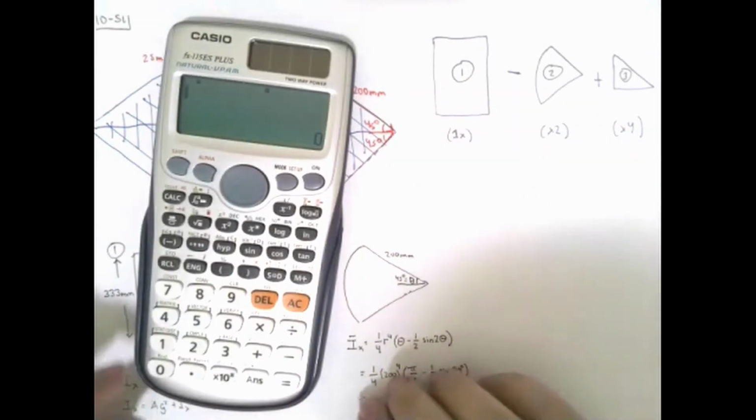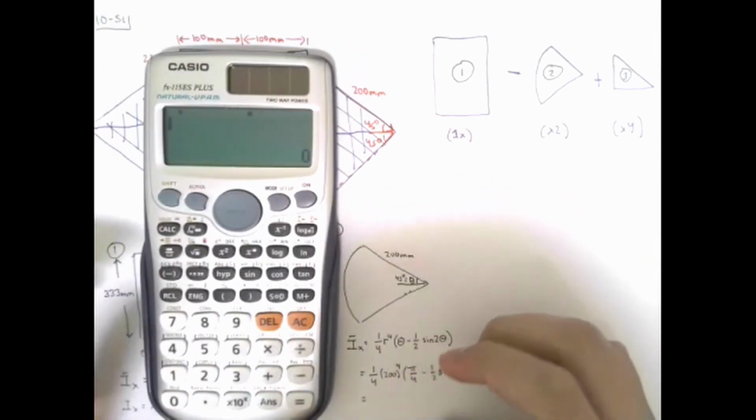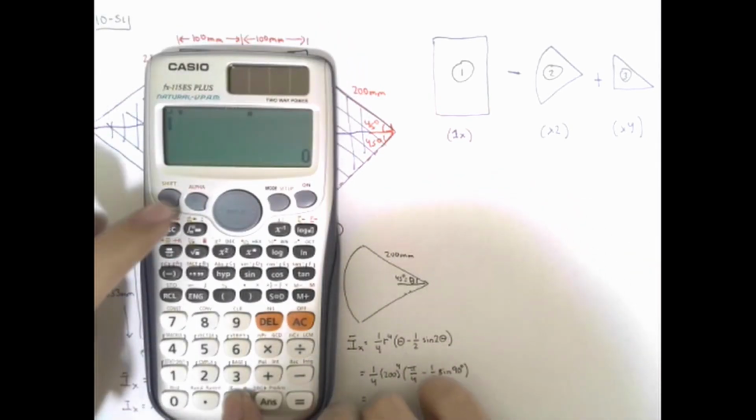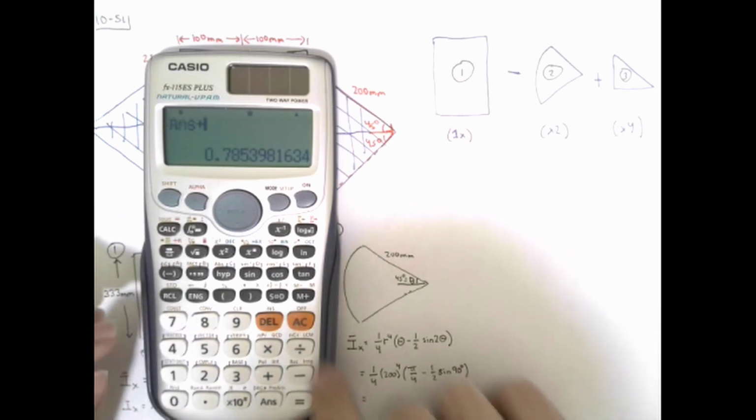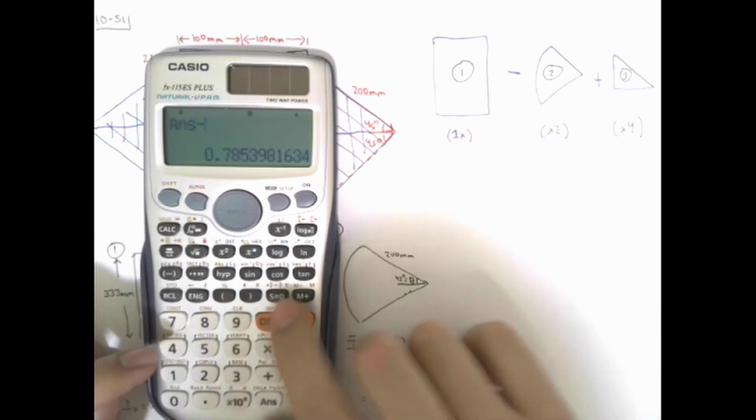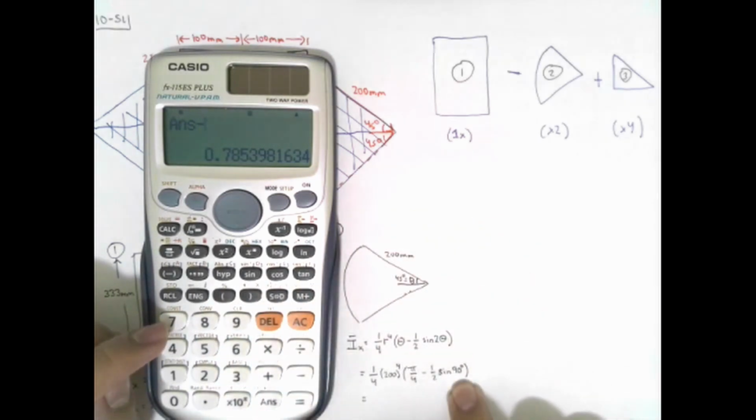So we plug these numbers in. What does this give us? Let me start with the pi over 4 minus, my bad, minus 1/2 sine of 90. And sine of 90 degrees is just 1.